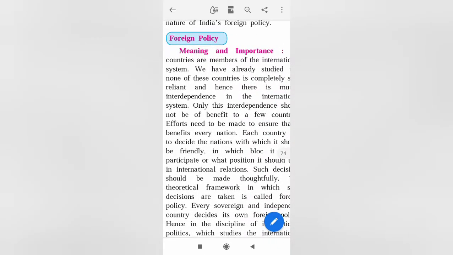As we all know, all the countries are the members of the international system. We'll find there are no countries which are completely self-reliant, hence there is mutual interdependence in the international system.